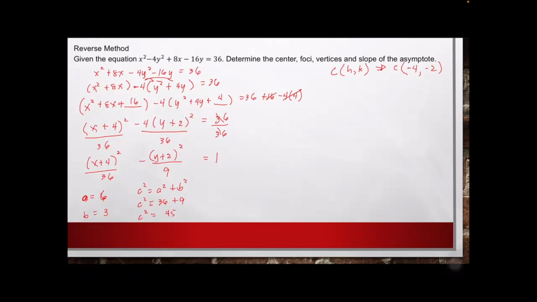So, taking the square root, your C is equal to, factor ng 45, magkakaroon tayo ng 9 times 5. 9 times 5, that's 45. So, your C is equal to 3 square root of 5.